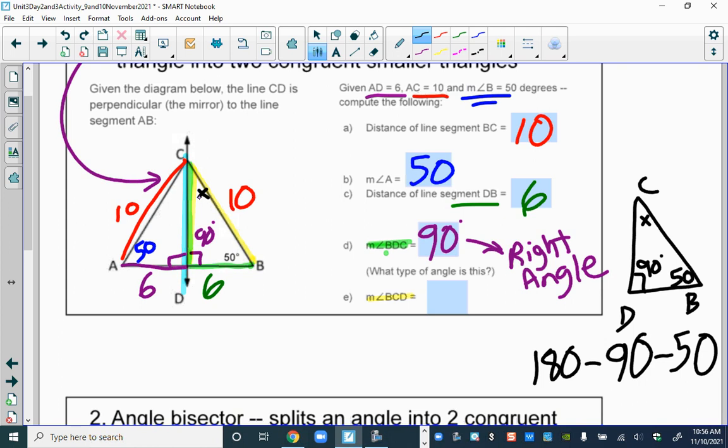So 90 plus 50, that's 140. And then it's 180 minus 140. And yes, X would be 40. Boom. So this last angle is going to be 40 degrees.